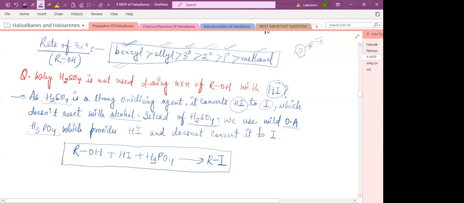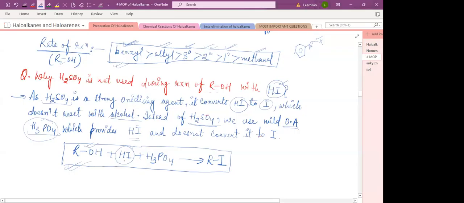When you take HI, just use the mild oxidizing agent H3PO4 instead of sulfuric acid. This H3PO4 provides HI and doesn't convert HI to iodine, so the reaction will proceed. So when you are taking halo acids, if you take hydroiodic acid, HI, take ROH, the alcohol, treated with HI along with H3PO4.